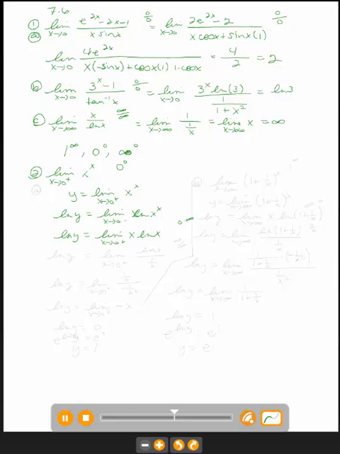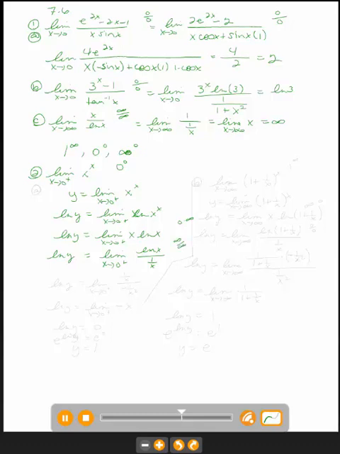So I can fix this if I rearrange it a little bit and keep carrying this natural log of y down so you don't make a mistake. I lost my little plus signs. Let's rewrite this as natural log of x over 1 over x, because now when you do that, you're going to get infinity over infinity.